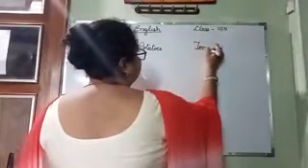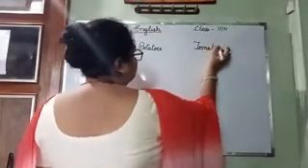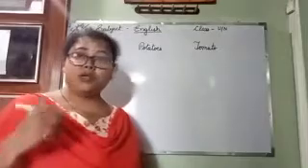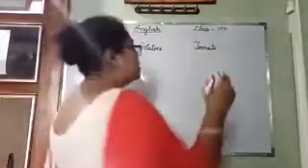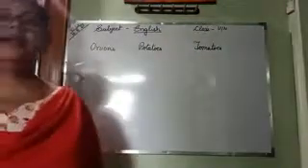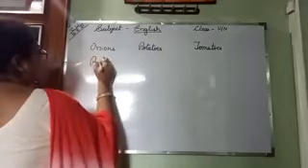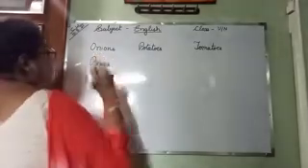Okay? In the same way, tomatoes. T-O-M-A-T-O, tomato. If it is one, you will say tomato. And if it is more than one, you will say tomatoes. You will put ES. Next vegetable spelling is beans. B-E-A-N-S, beans.